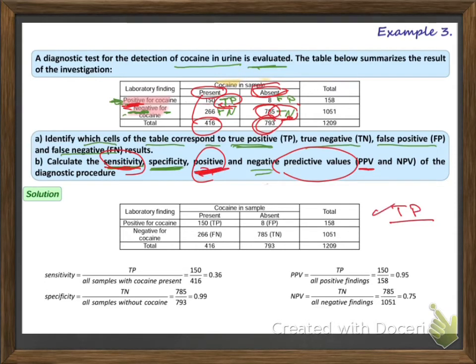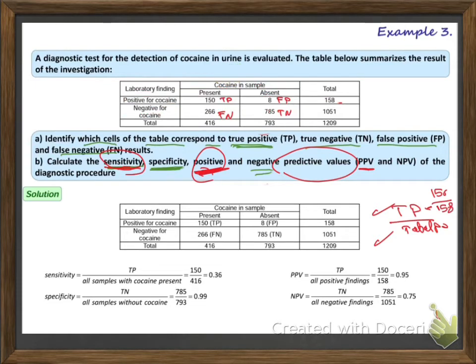Both the numerator and the denominator relate to positive, but the top is always true positive divided by the total positive. So what is the true positive here? This is the true positive, which is 150. So it will equal 150 divided by the total of the positive. This is the total of the present. The total of the positive will be this one, so it will be 158.